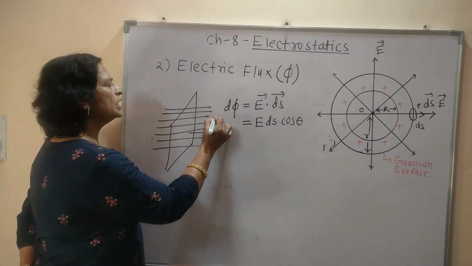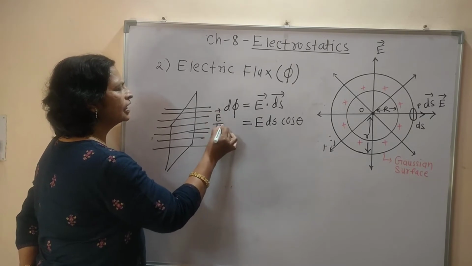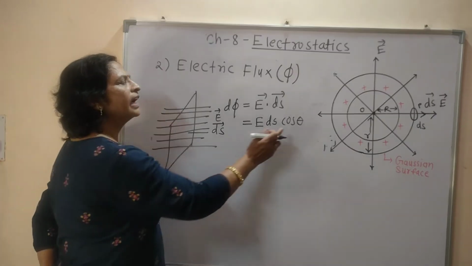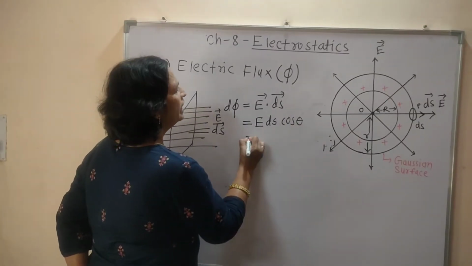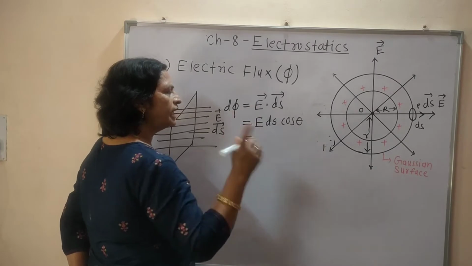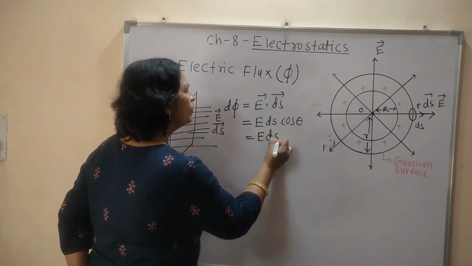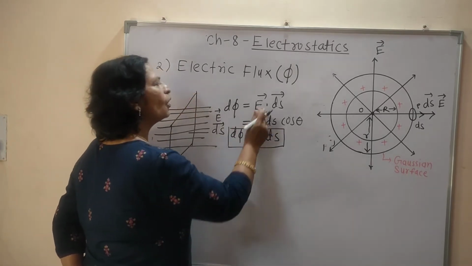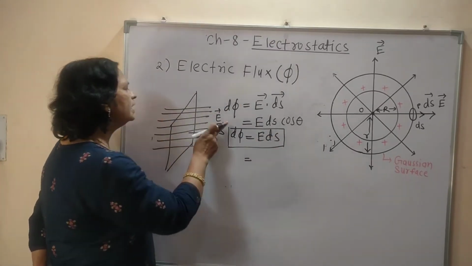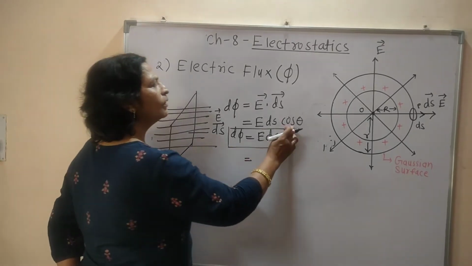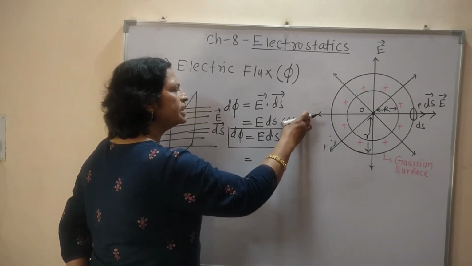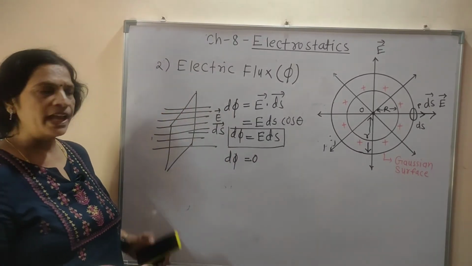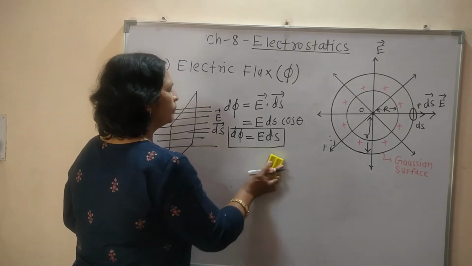Suppose the electric field intensity and the area vector are in the same direction, then the angle theta is 0, and cos 0 is equal to 1, so at that time we get the number of flux in this manner. And if we use the cross product, sine of the angle comes in, sine 0 is 0, and therefore we get zero flux, and that's why we use the dot product.